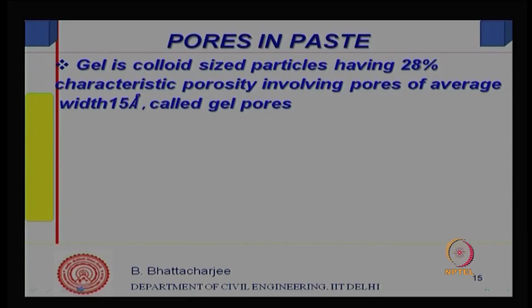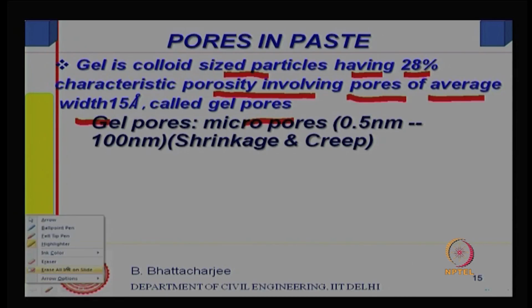Okay. So, having done that, now we can think of pores in the paste. Gel, as we have explained earlier, is colloid sized particles having 28% characteristic porosity, involving pores of average width of 15 angstrom, and these are gel pores.